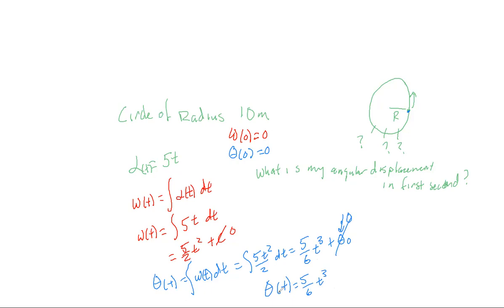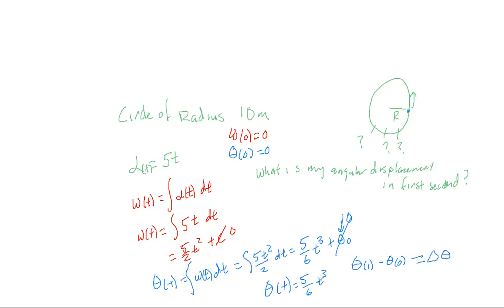In fact, I can say that my difference here is just theta of 1 minus theta of 0. And we can see a connection between the definite integral and this in just a moment, but this is really saying theta 2 minus theta 1, which is just my angular displacement.